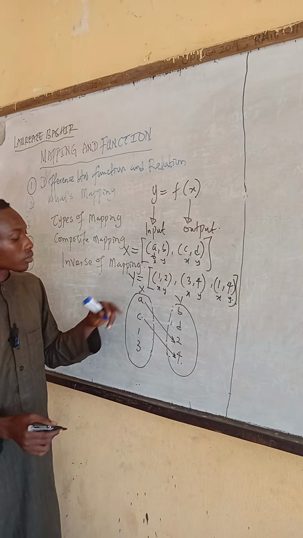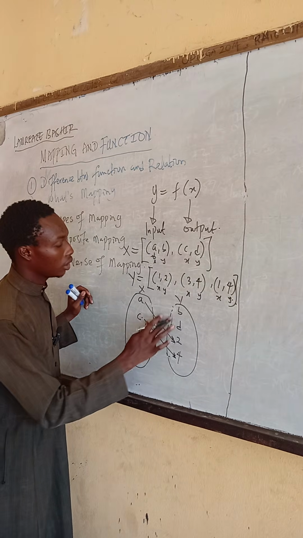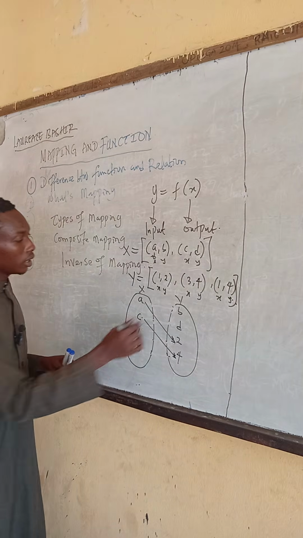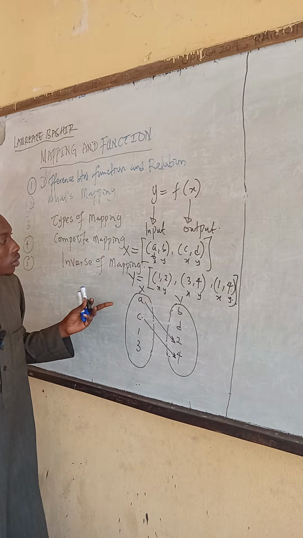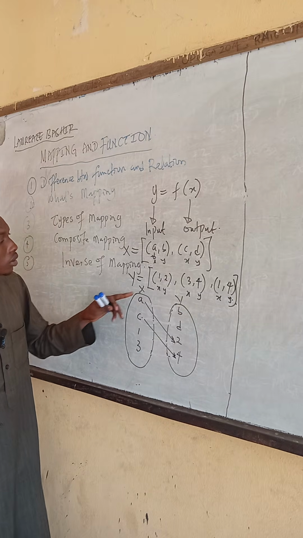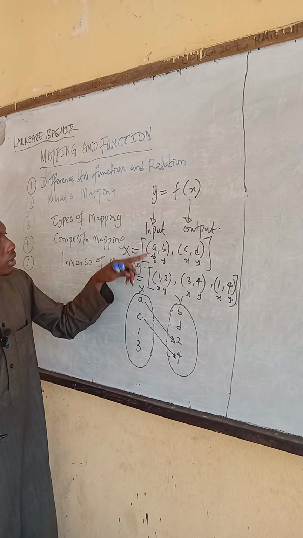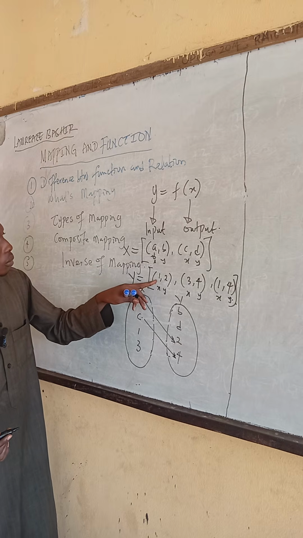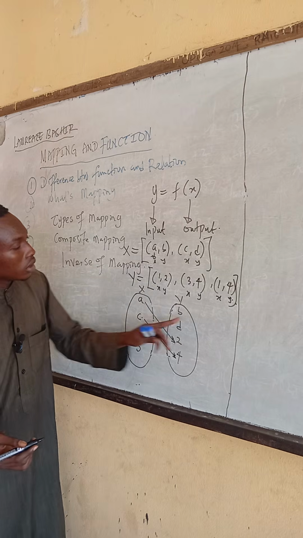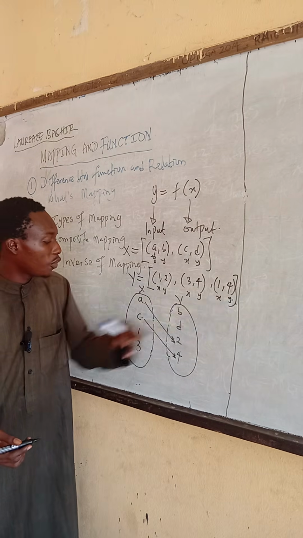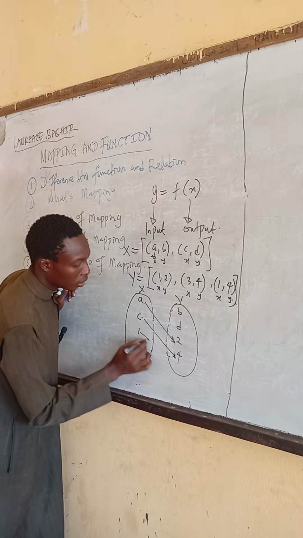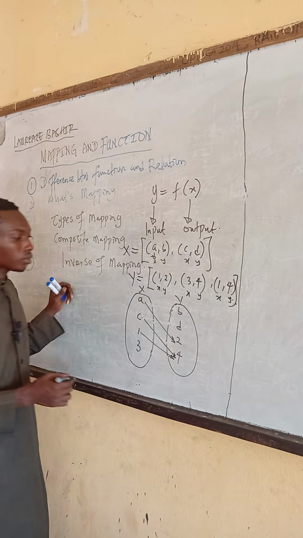Then what other things again? We are having 1 here, right? It goes to which one? 4 again. So this one also goes to 4.